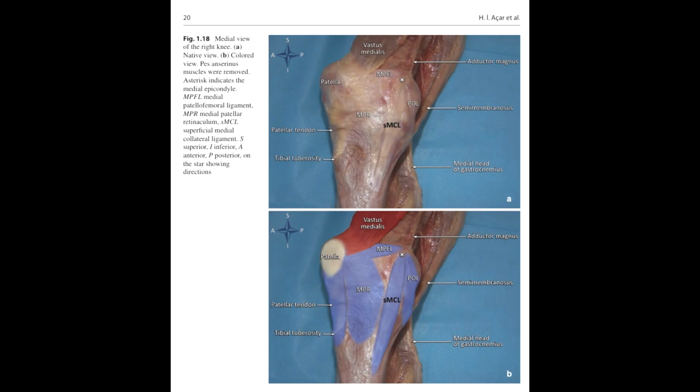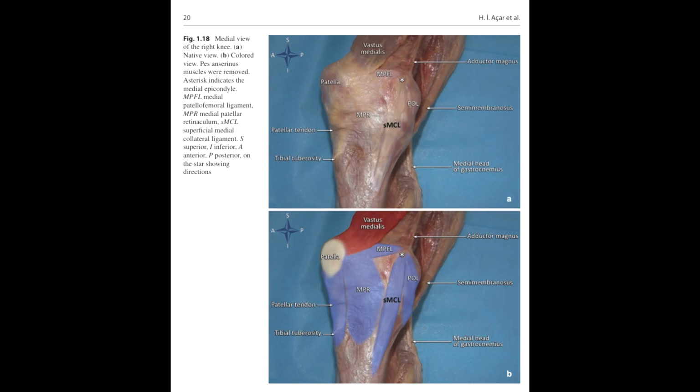Posterior to the MCL, notice the posterior oblique ligament, POL, running obliquely backward from the medial epicondyle region toward the posterior capsule. The POL is not an isolated ligament, but more a capsular thickening, reinforced by the semimembranosus tendon. It stabilizes the knee against valgus stress, but especially against rotational and posteromedial instability.